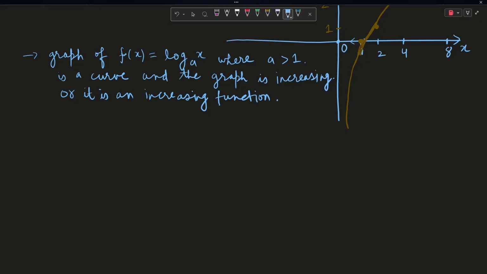This is what we can infer. Now again a question arises, how can we say that the graph is increasing or behaving as an increasing function?